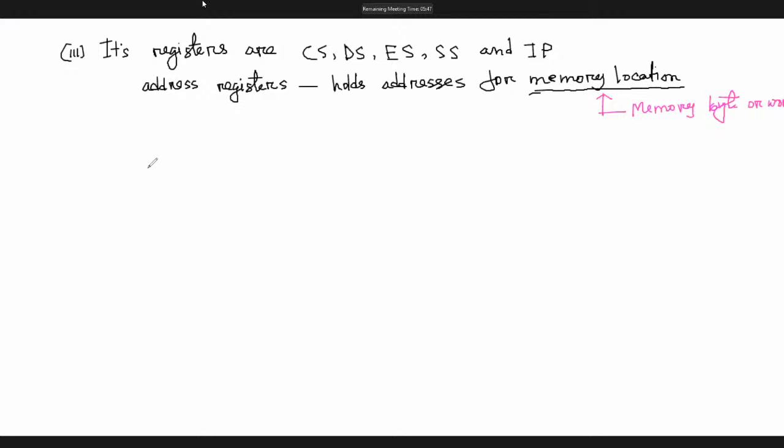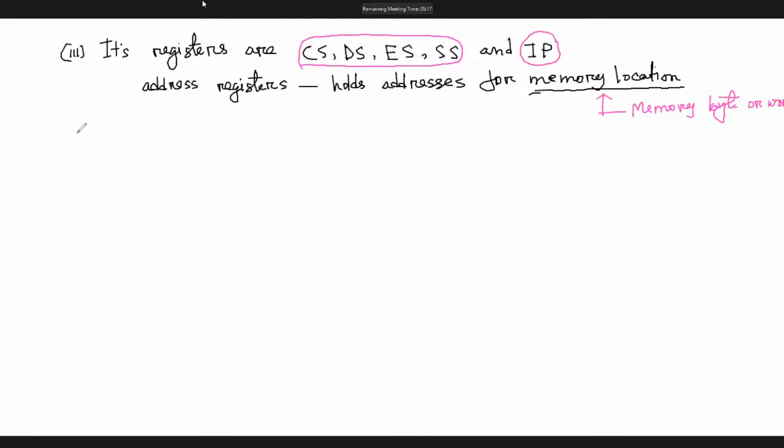Okay, so segment registers. These four, CS, DS, ES, and SS, are called segment registers. This one is called the pointer register. Actually, an address has two parts, segment and offset. Segment registers store the segment part and the pointer register stores the offset part, IP. So segment registers are used to address memory space.